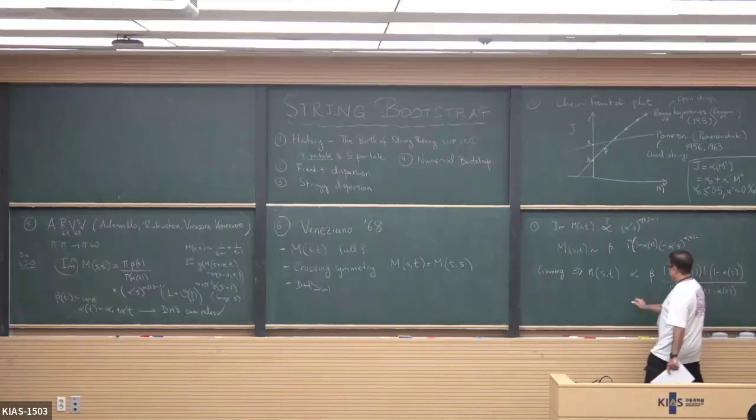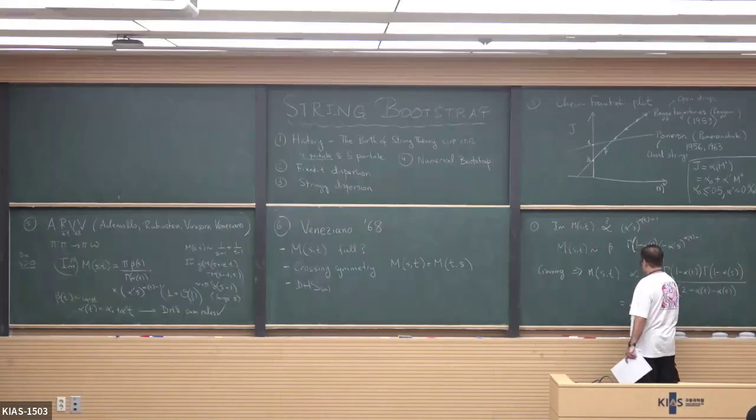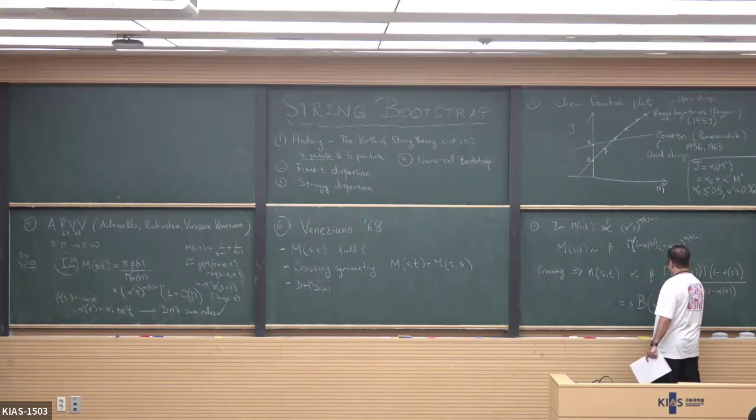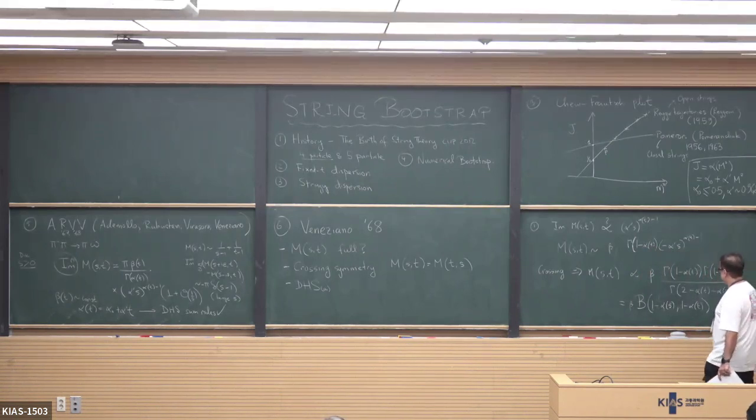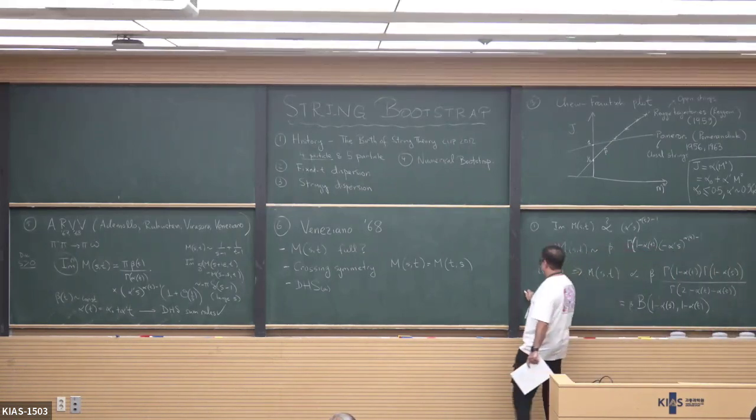So this function is nothing but the Euler beta function. So beta of 1 minus alpha s, 1 minus alpha t. So B is the Euler beta function.